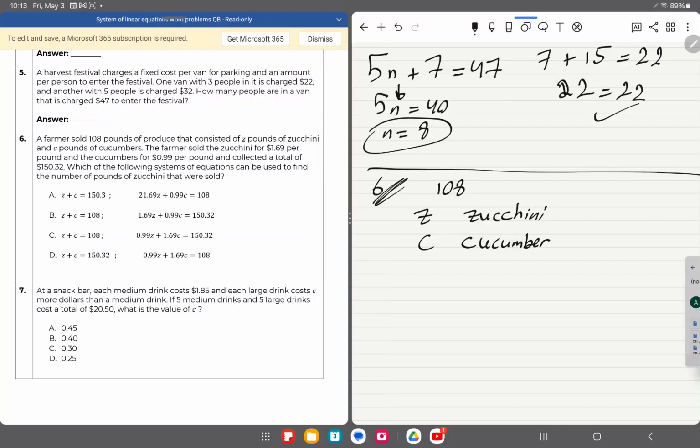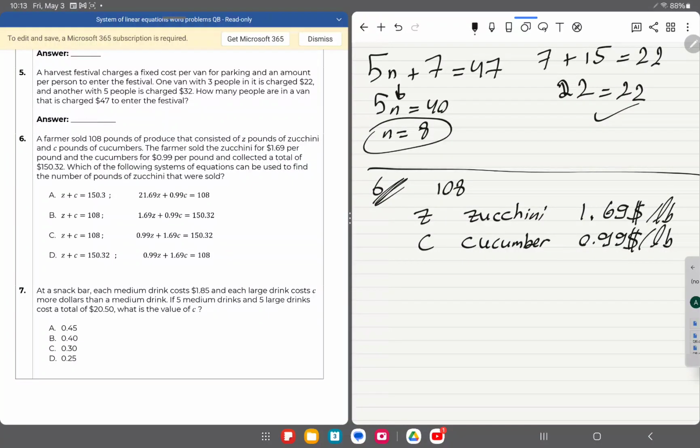The farmer sold the zucchini for $1.69 per pound and the cucumbers for $0.99 per pound.